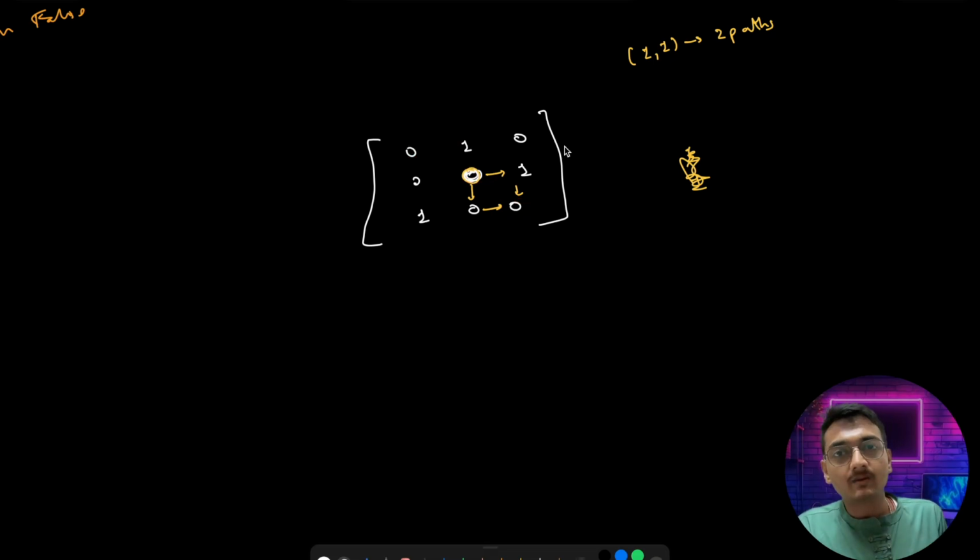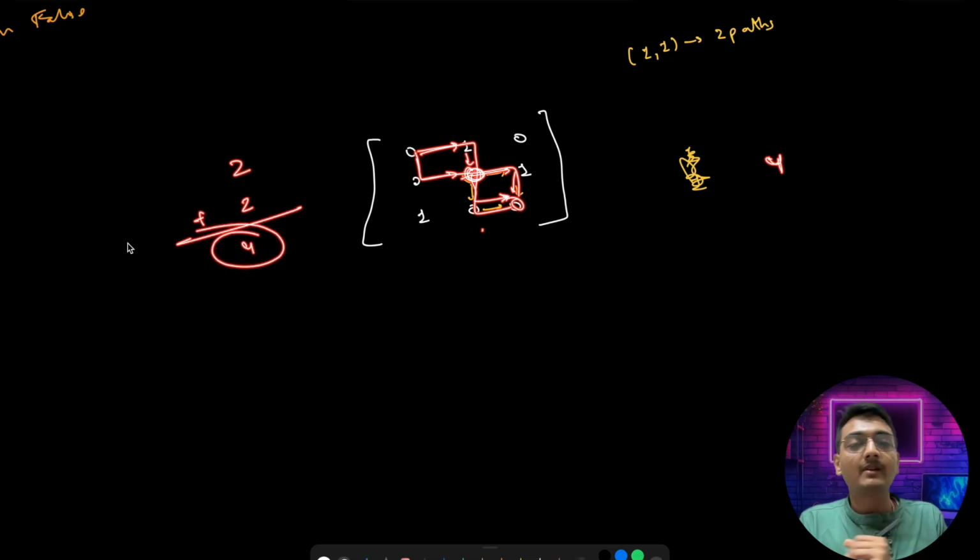If I take a summation of this, I will be able to get my answer. So let's say this is my path 1, this is my path 2. This path can go like this also, this path can go like this also. So I'm having a total of 4 paths. This node can be reached in 2 paths, and from this to this I'm able to reach 2 paths. If I sum up both, I get my answer 4.